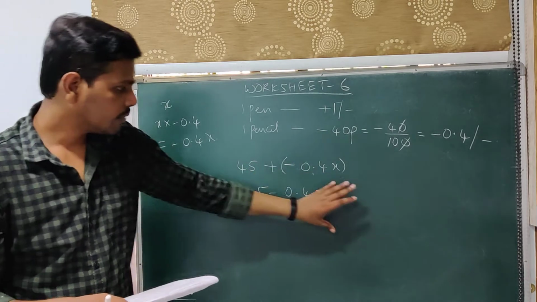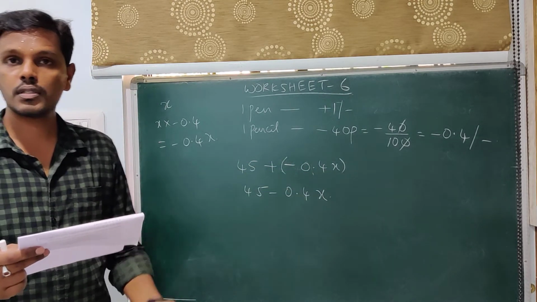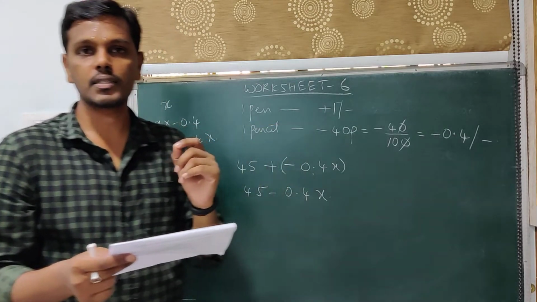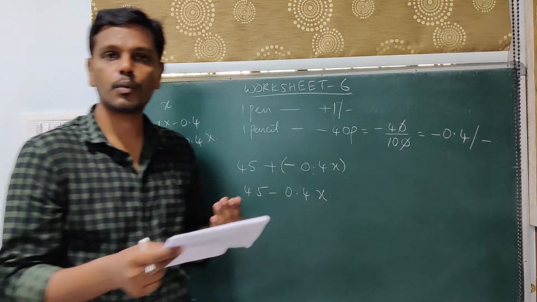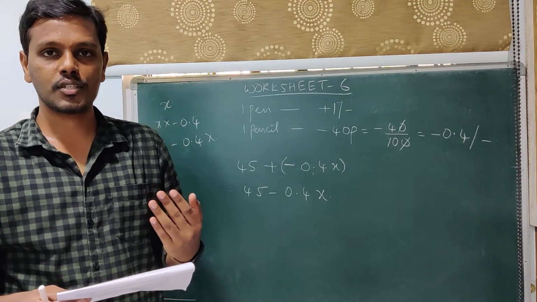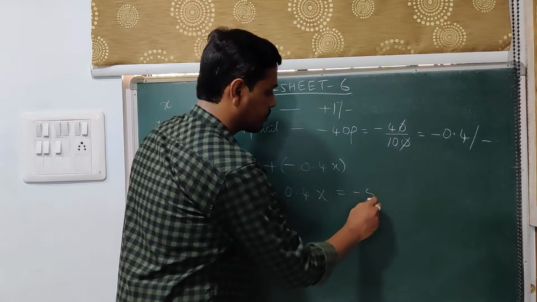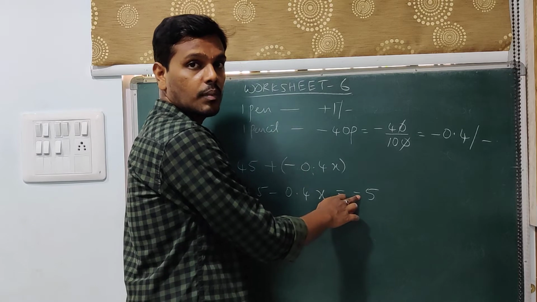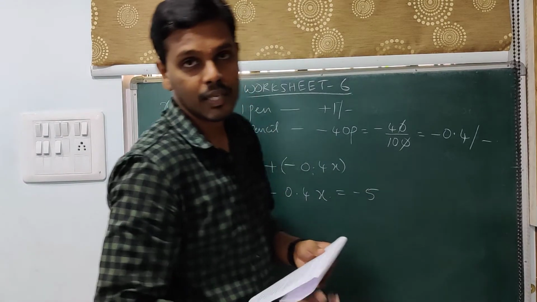Loss, as we have discussed, we denote with minus. Instead of saying she incurred a loss of 5 rupees, I will say she is getting minus 5 rupees in the whole transaction, which means this entire amount is the same as minus 5.